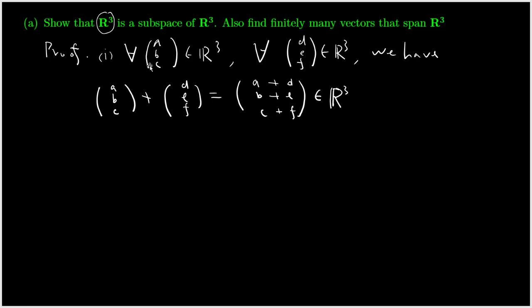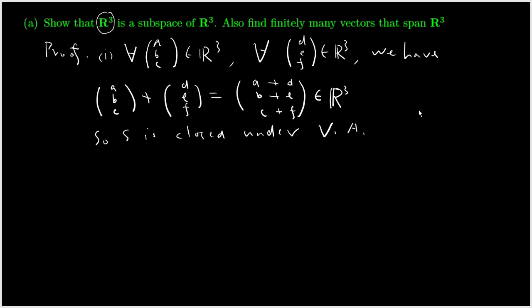After you see the sum of two arbitrary vectors in R3 is also a vector in R3, then you can say S is closed under vector addition. In the future, I just write VA for vector addition.